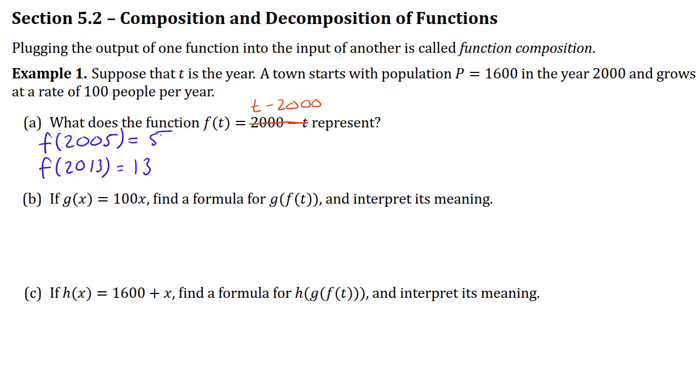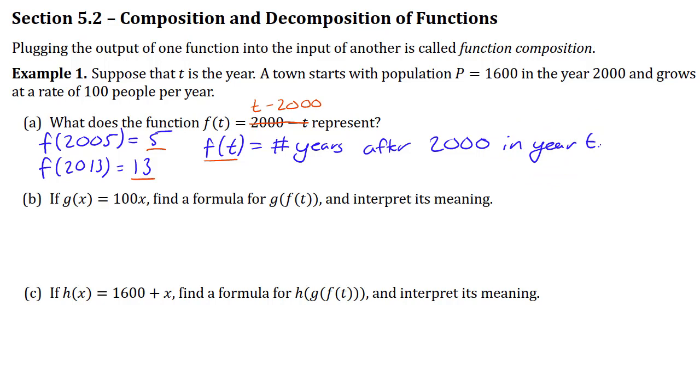And that 5 represents how many years it has been since the year 2000, in that year 2005. So, in other words, f of t, the output of this, like the 13 or the 5, is the number of years after 2000 in year t.